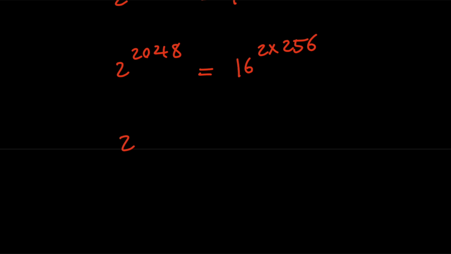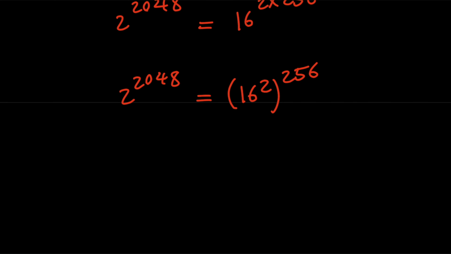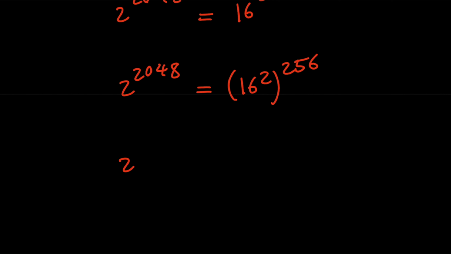And then let's go ahead and use the same property again. So we're going to have 16 squared to the power of 256. And we know that 16 squared is 256. So we have 256 to the power of 256.